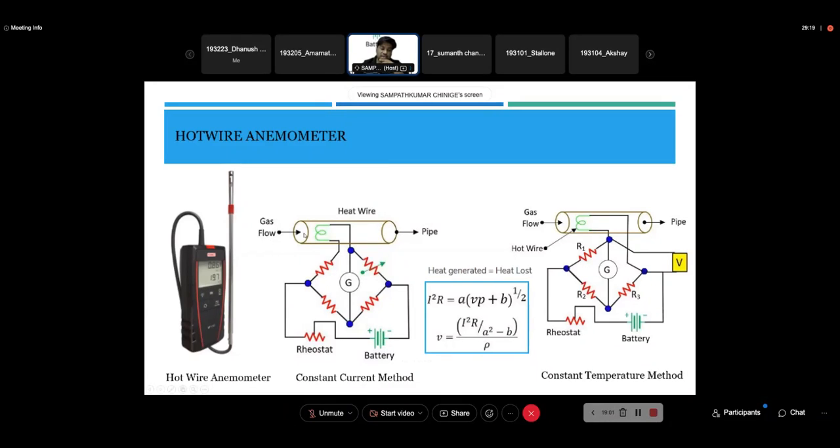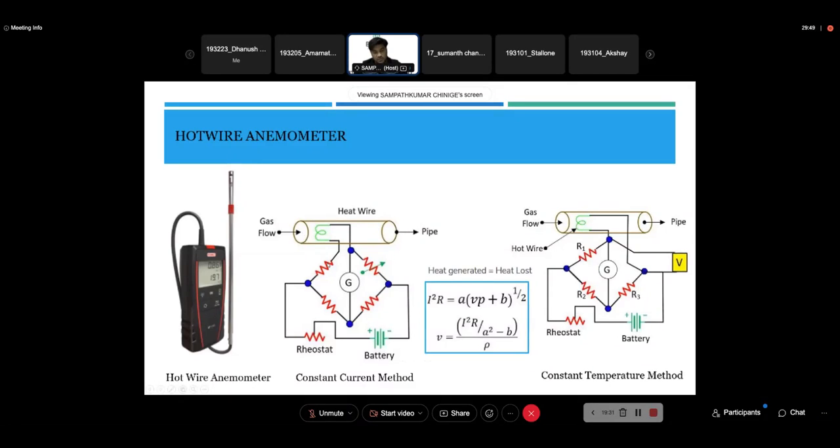Now when you send the gas or some flow over it, because of its velocity and its low temperature, some of the heat is being taken out from this wire. Therefore, the temperature of the wire is reduced, and when the temperature of the wire is reduced, you will have a resistance reduction. When resistance is reduced, you could see that there is some change in the current. This change in the current is proportional to the velocity of the flow.